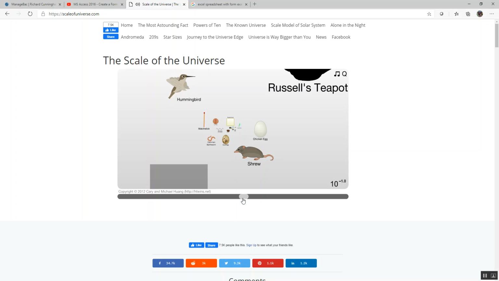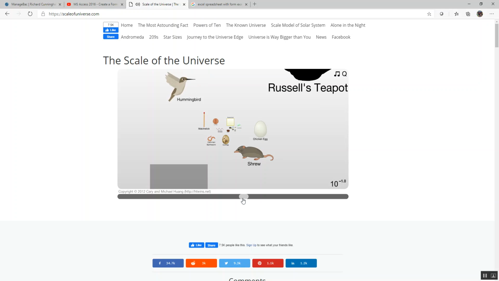Yeah, it's going to be decimal, but what does the negative part mean? Yes, Taylor? Reciprocal, good. So it means 1 over 10 to the power of 1. And if I was to work this out in the calculator, what am I going to get? 0.1. So 10 to the negative 1 is 0.1.